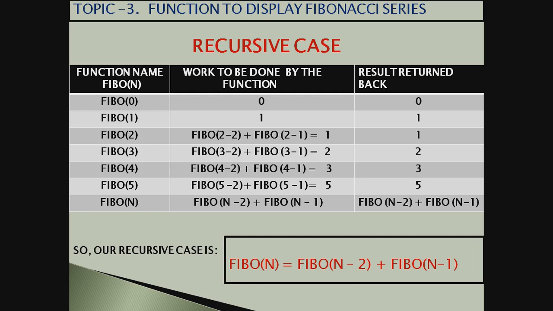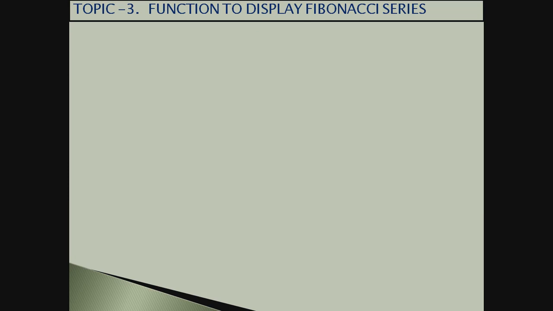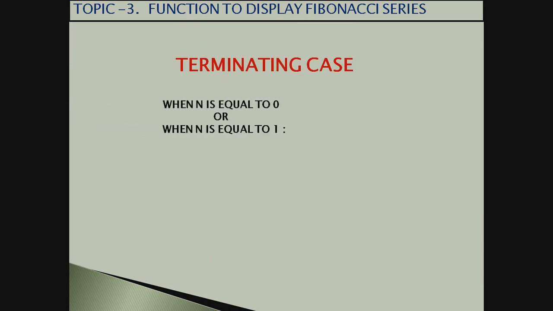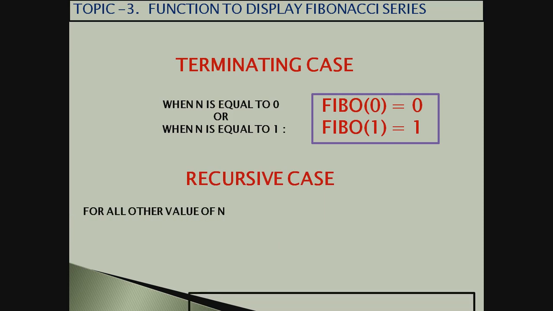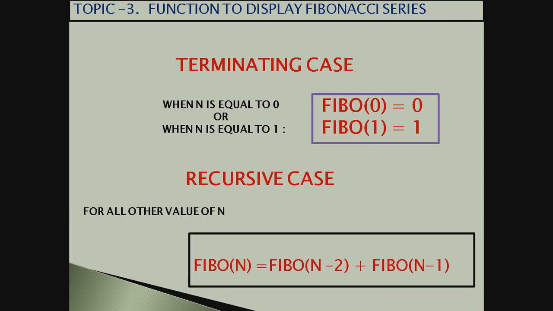So again summarizing, terminating case when n is equal to 0 or when n is equal to 1. So when FIVO gets 0 in parameter, it is going to give back 0. When FIVO gets 1 in parameter, it is going to give back 1. This would be used in our coding. And recursive case, see, for all other values of n, we would write FIVO_n minus 2 plus FIVO_n minus 1.